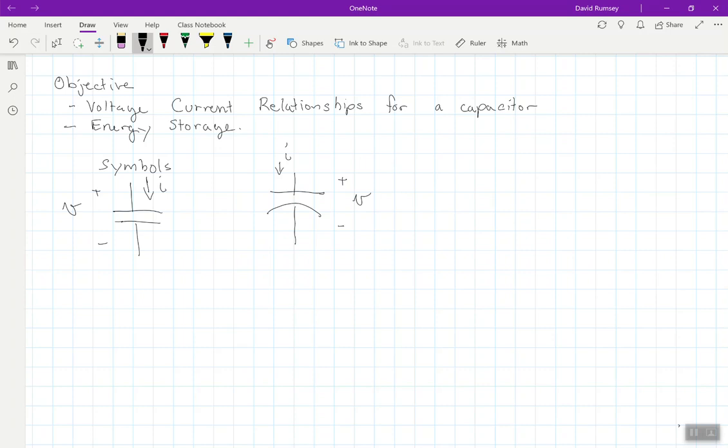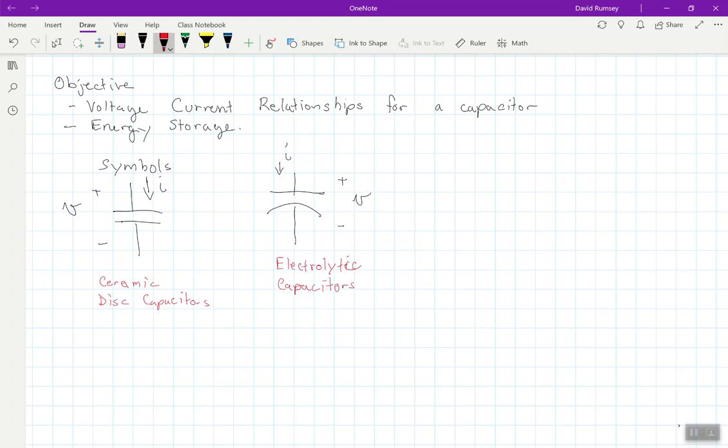Now, the difference between these: some authors just use this symbol all the time, some authors use this symbol all the time. I like to use both symbols, and this is what circuit simulators sometimes do. The straight-line symbol is usually for what are called ceramic or disc capacitors, and the curved symbol is often for electrolytic capacitors.